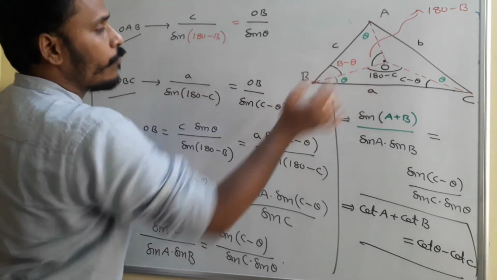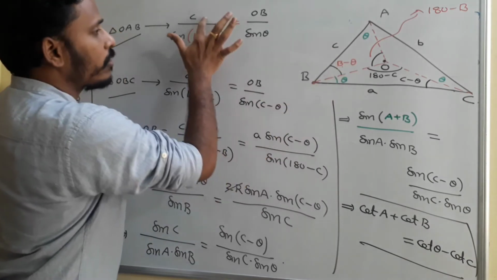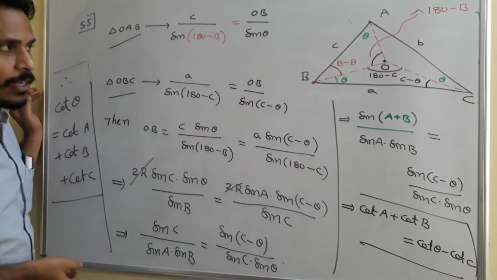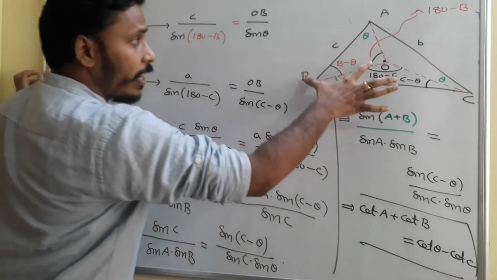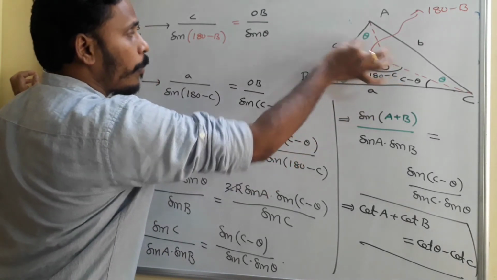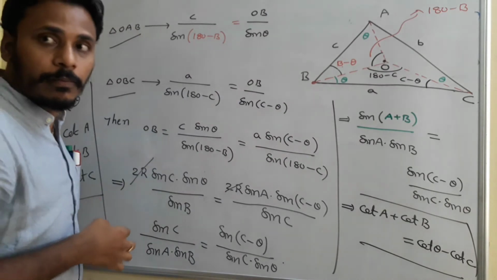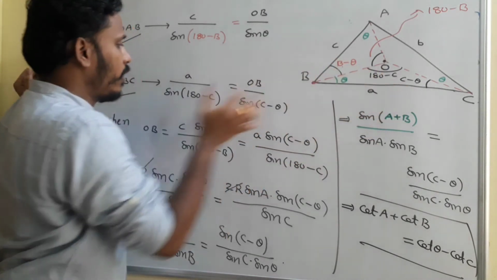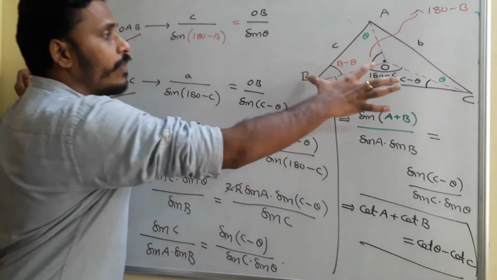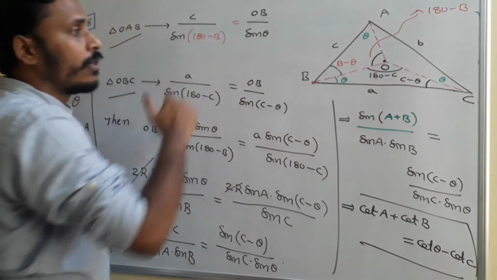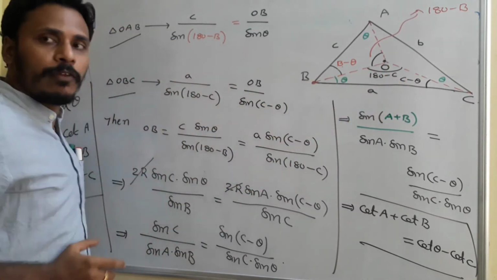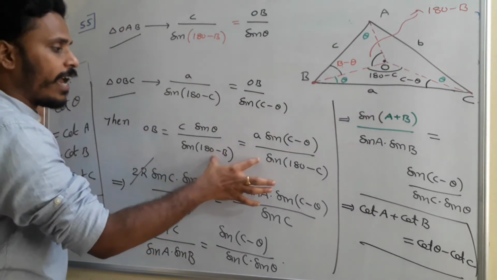For the first triangle, if you apply, this side small c divided by the sine of the opposite angle, sine of 180 minus b, and this side OB divided by its opposite angle, OB by sine theta. Whereas in the second diagram, this side a divided by sine of 180 minus c, and this side OB divided by sine of c minus theta. Now you just eliminate OB from these two. So at the end you have this.